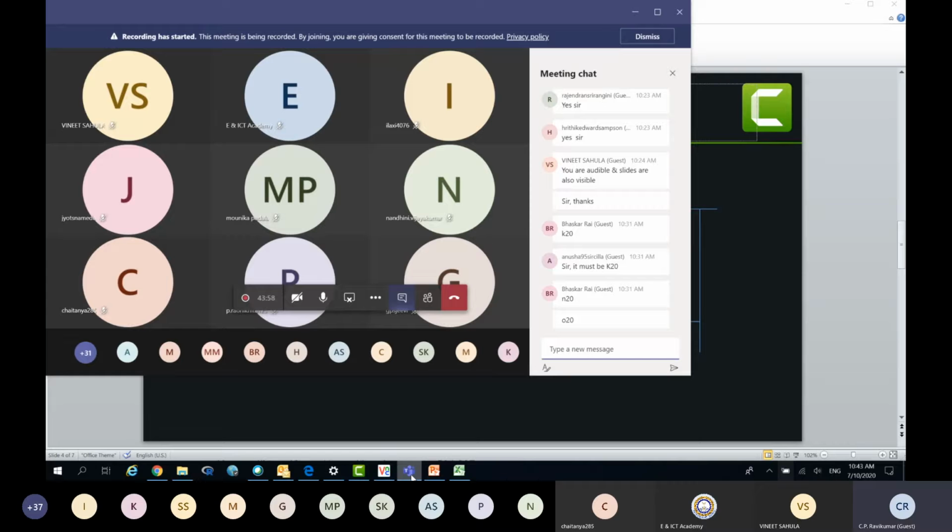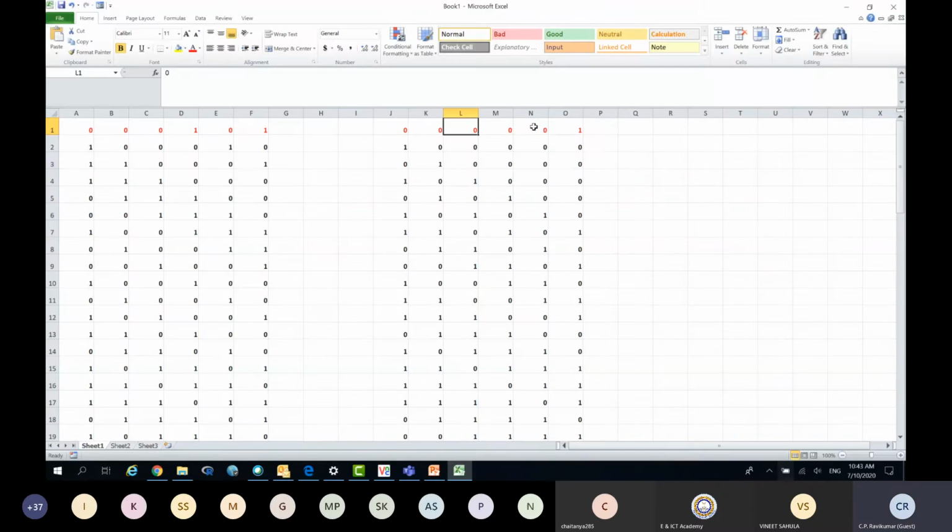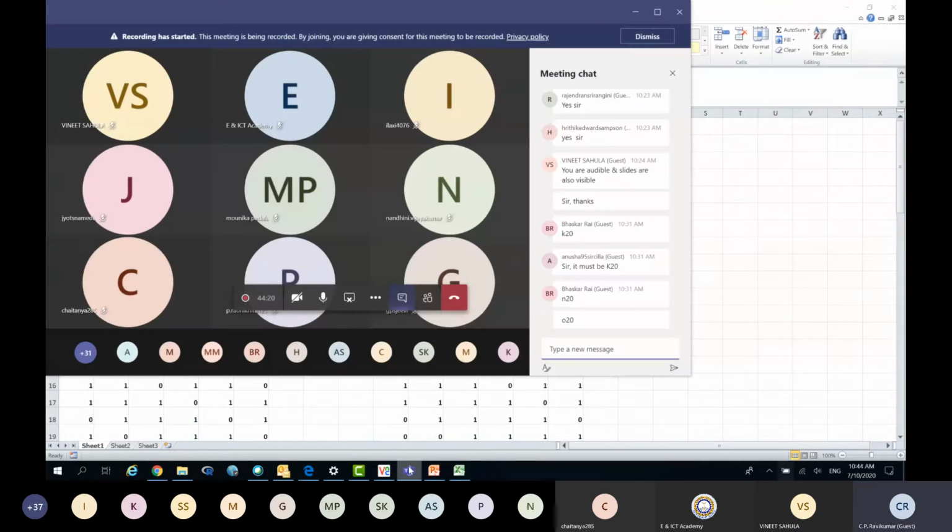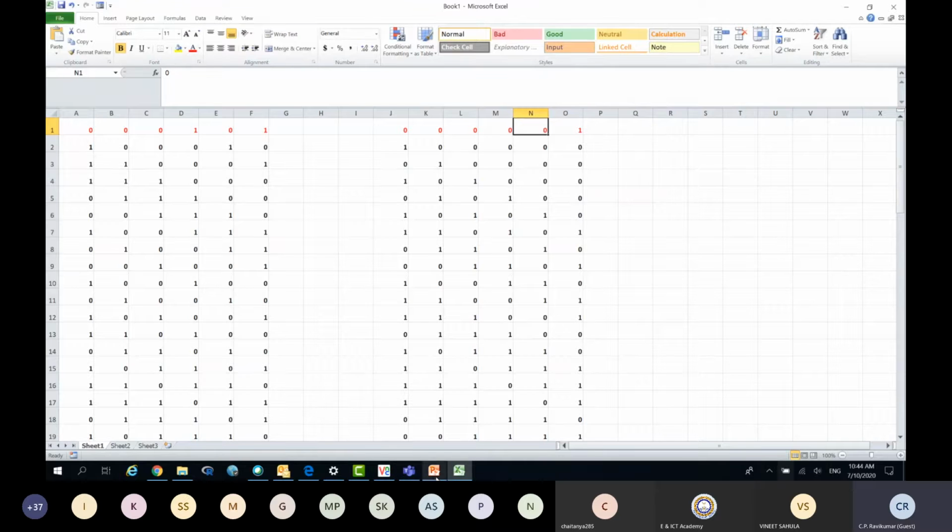Somebody is telling me that I should have used K20 or something. Did I make a mistake? I was taking N20, O20, and K20. Yeah, it's okay. So this is a small exercise for you. Design the majority voter and tell me what the answer should be.